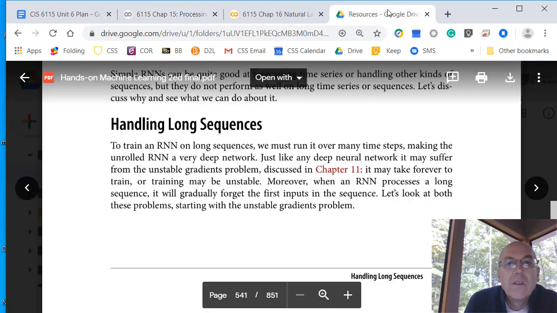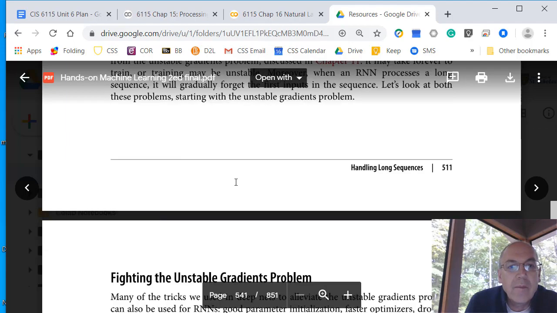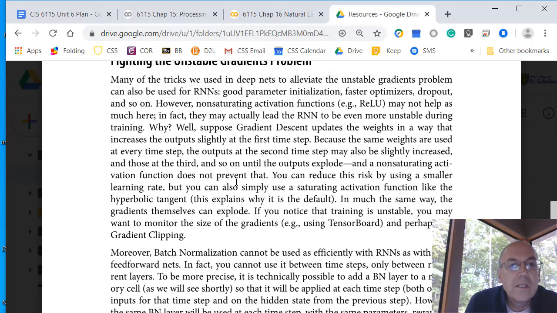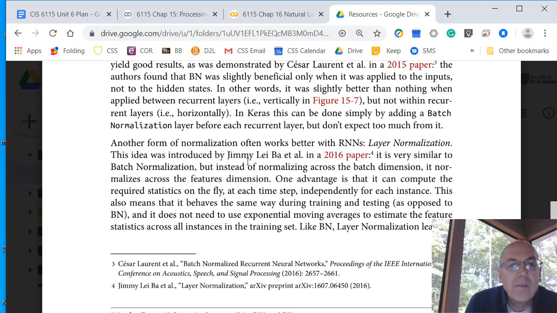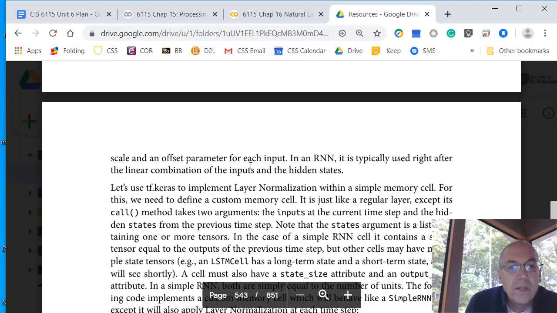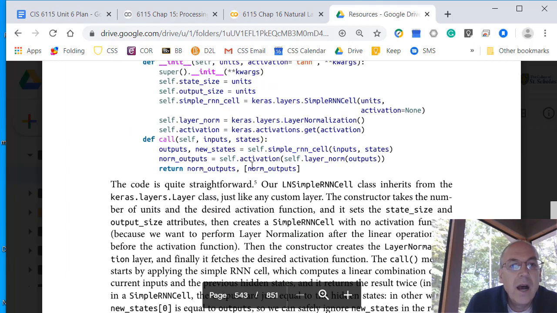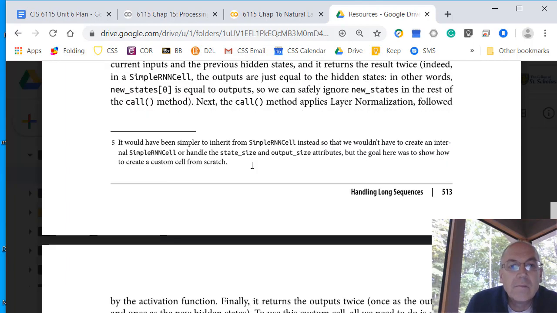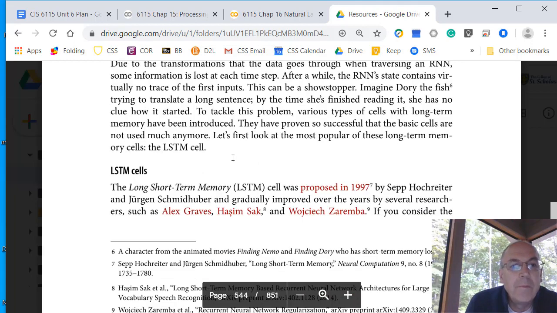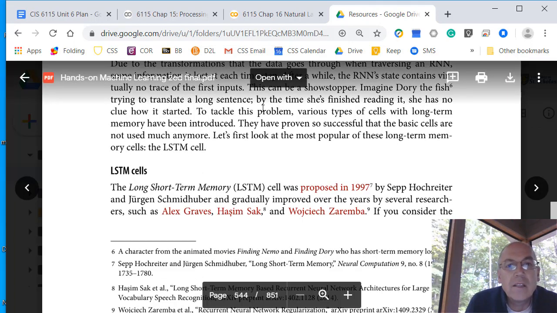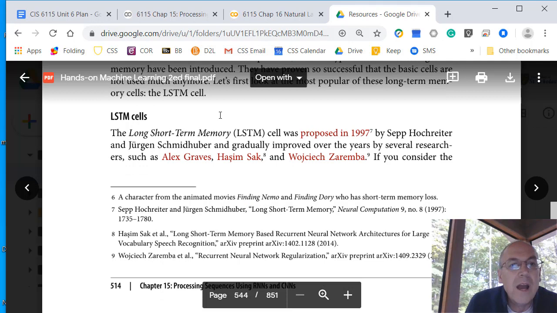So we look at our text, again talking about handling these long sequences, and because of gradient problems, we'd often lose some of this data over time. The textbook talks about some normalization stuff, which again is not used that much these days.